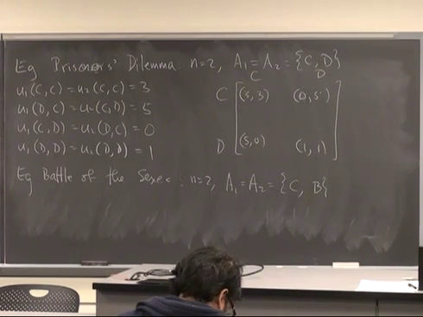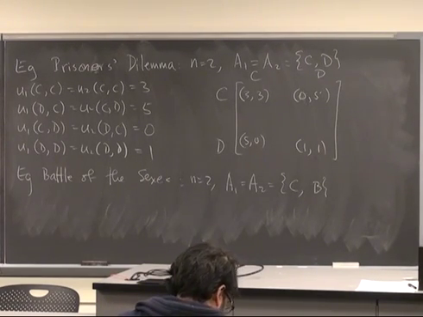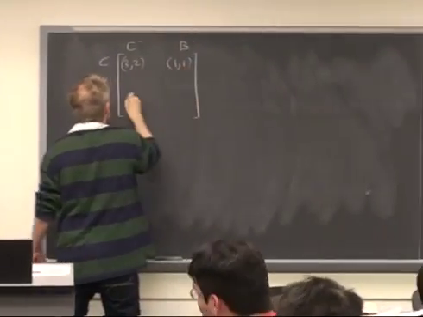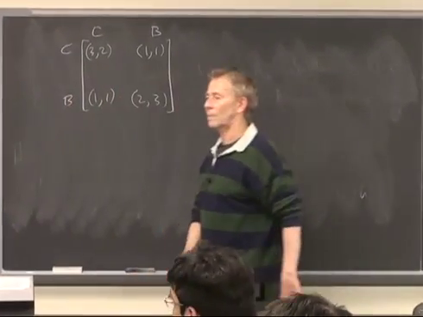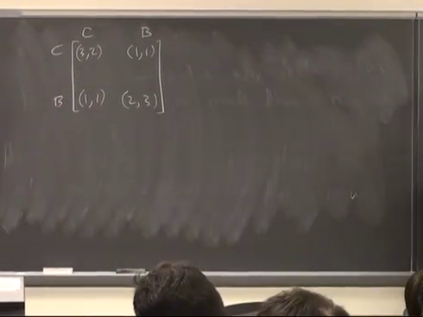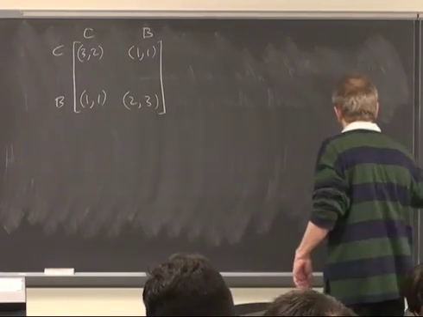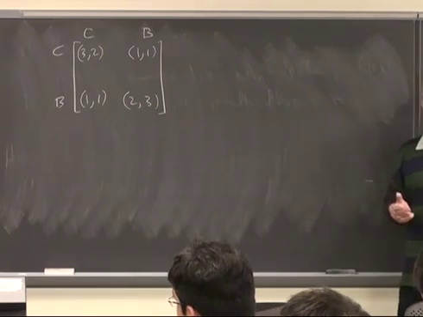It's supposed to arise here. So you have your action spaces indexing the rows and the columns, and up here you have 3, 2, 1, 1, 1, 1 down here, and then 2, 3. Okay. What is this supposed to represent? The classic description is the following.